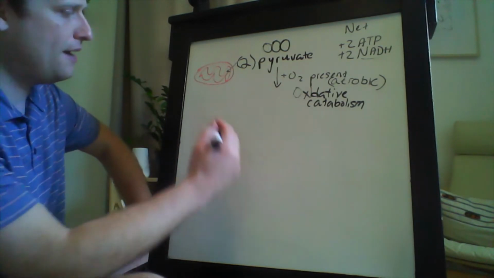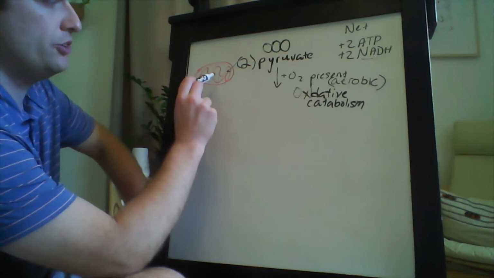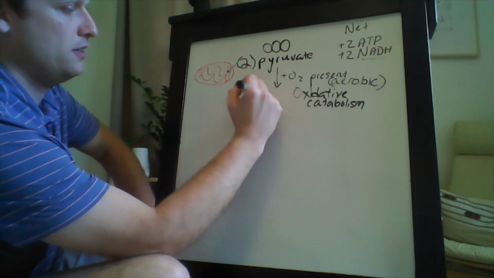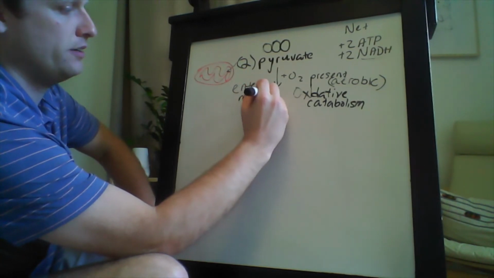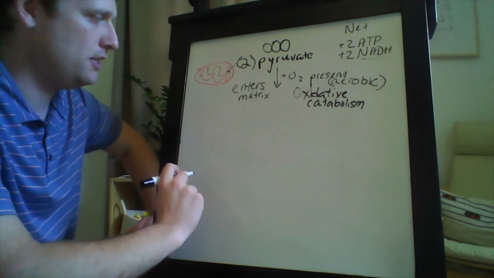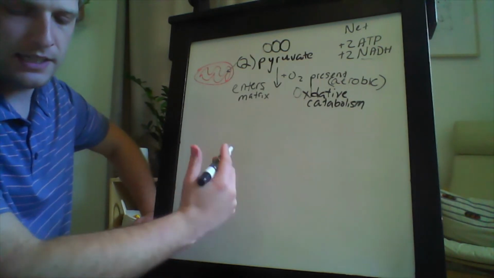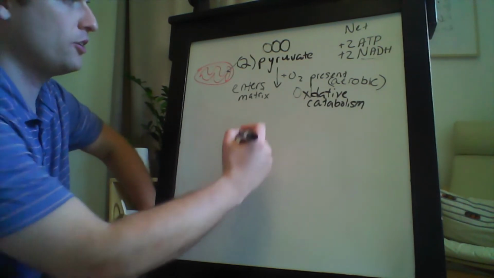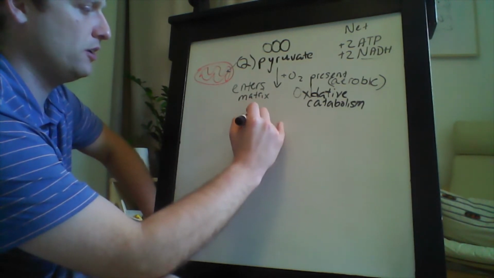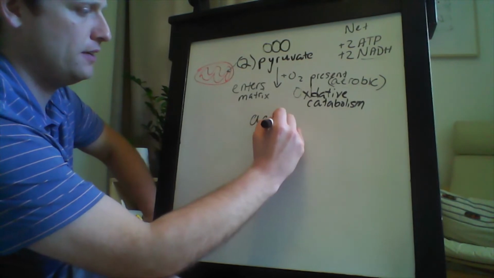So after pyruvate enters the mitochondrial matrix, crosses both of these membranes that you see in the mitochondria. Inside that matrix are enzymes that are going to convert pyruvate into a molecule called acetyl-CoA.